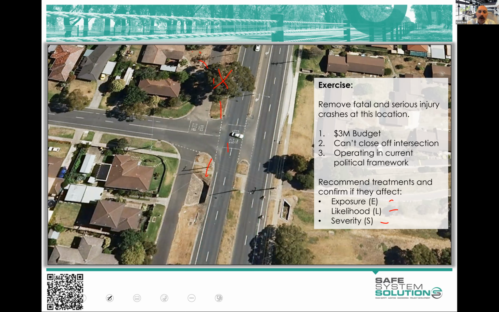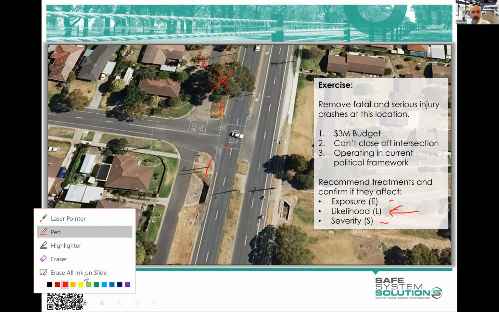So actually we call that a likelihood reducing factor. A lot of people would want to call it a severity reducing factor, but actually in the safe system assessment, we peg it down to likelihood. It's probably quite a hard example that I randomly picked there in terms of how we categorize things in a safe system assessment.